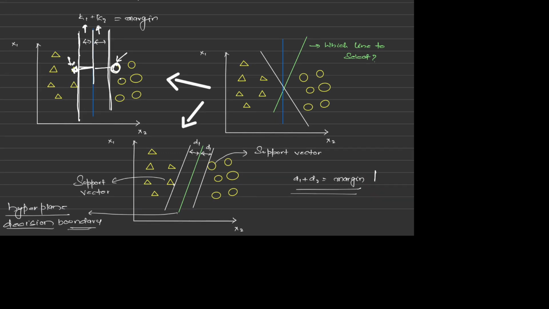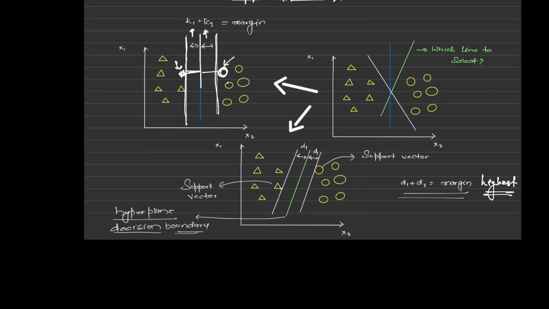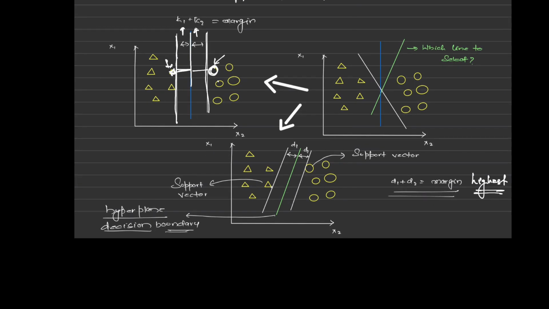So the higher the margin, the better it is for the support vector machine, and that would be the answer of the support vector machine algorithm, and that would be my hyperplane. If D1 plus D2 is coming as, say, I'm just taking a number, 5 meters, and this is coming as 4 meters, this would be my final model, and the equation of this line is my hyperplane.